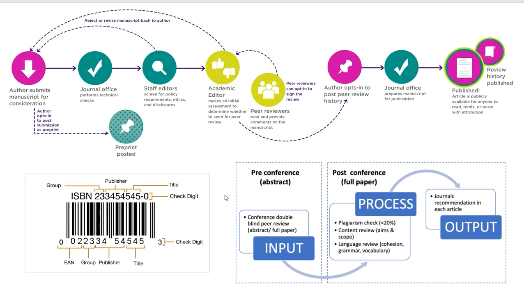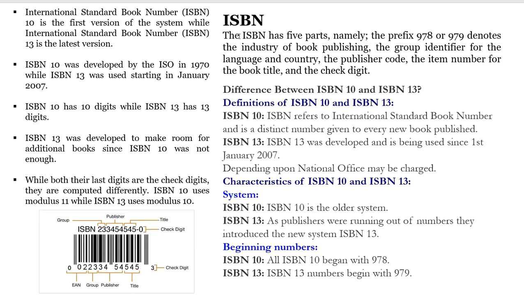If you want to publish your article through the conference approach, it is through ISBN, book chapter, book, whatever it may be. ISBN is generally categorized into two types, ISBN 10 and ISBN 13.